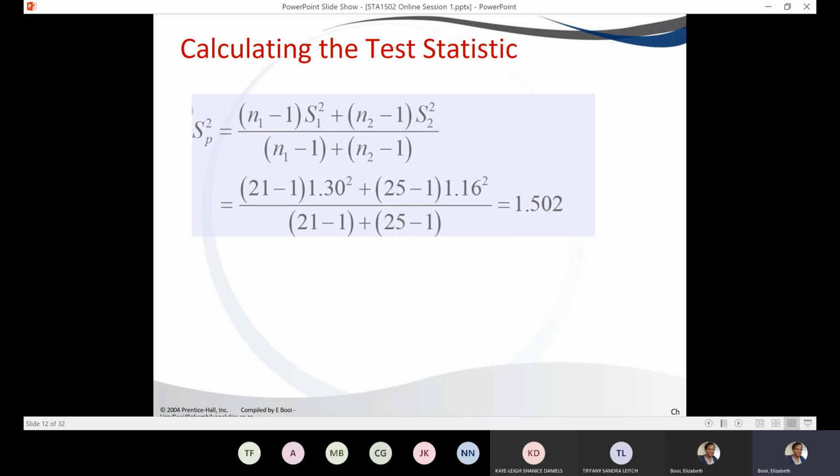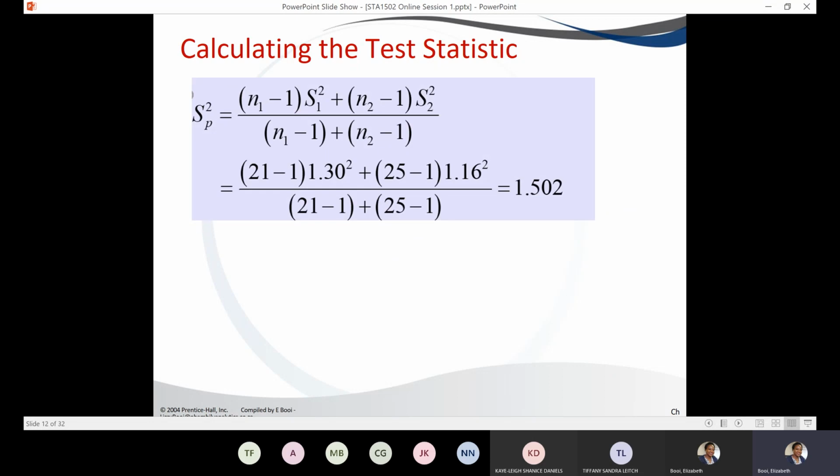So the first step, we calculate the pooled variance. We use that formula. We substitute. We know that our sample size n1 was 21, and n2 was 25. So you can see that your n minus 1, which is 21 minus 1, and remember we were given the standard deviation of 1.30 for the New York exchange.